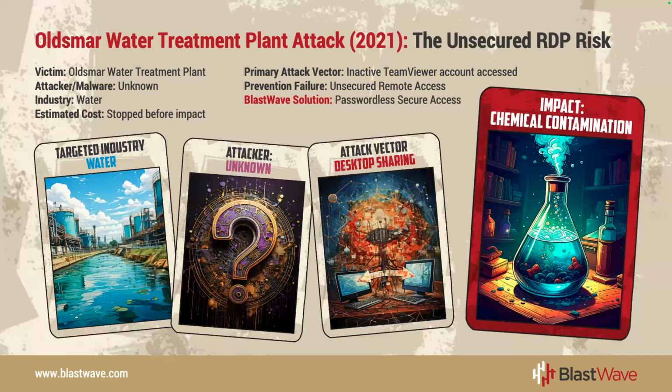But two of some of the most famous attacks in the world occurred using essentially third-party remote access credentials as the way to get into the network. The Oldsmar water treatment plant attack in 2021, they had a TeamViewer account that was inactive. Suddenly, the account was logged into.